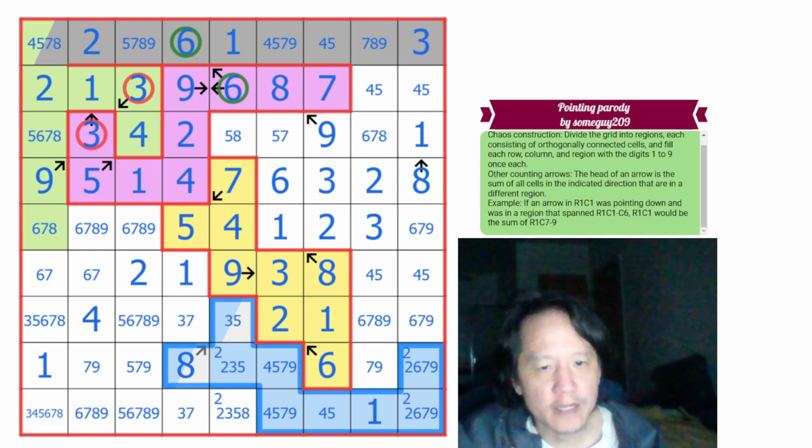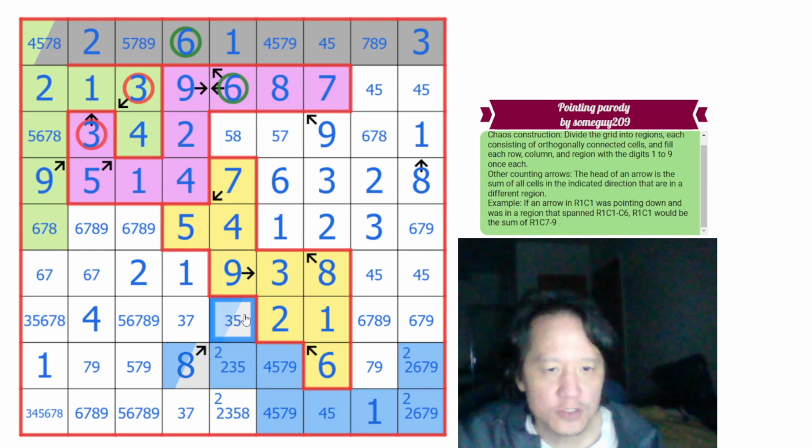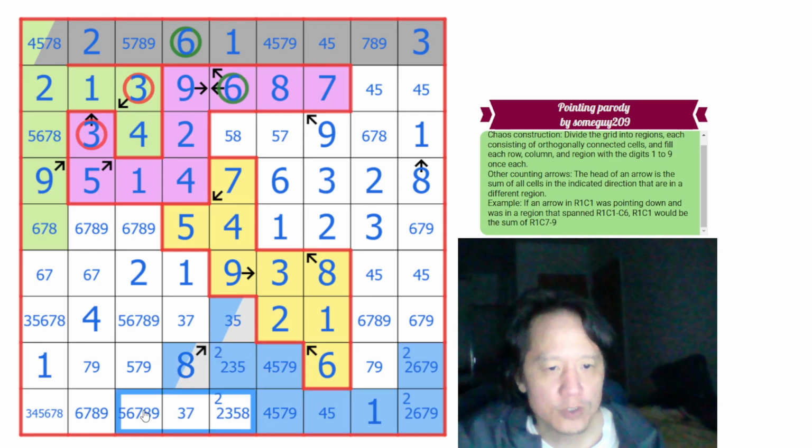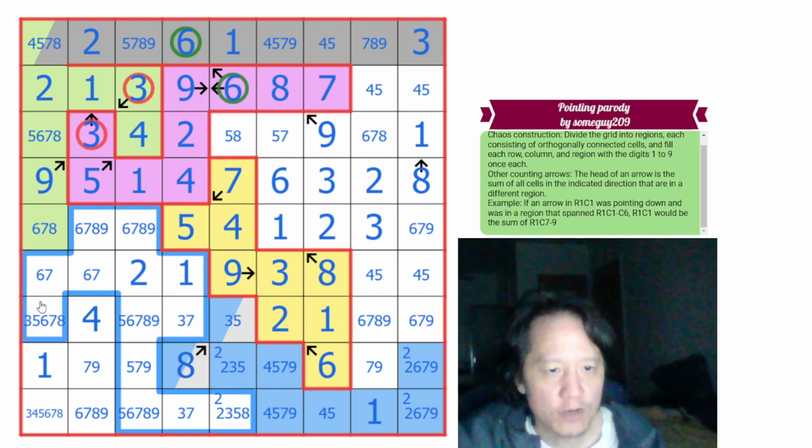Right? Again, just the logic. 1, 2, 3, 4, 5, 6, 7, 8, 9. Assuming white is the same as light blue, this is the minimum you can have. So this would be 1, 2, 3, 4, 5, 6, 7, 8, 9, 10, 11, 12, 13, 14, 15, 16, 17, 18.